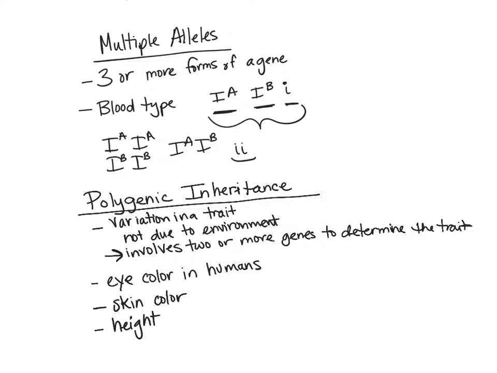A lot of times the traits produced by polygenic inheritance tend to be in a bell curve distribution. If you think back to some math, we can say these are the number of people that have something, and this would be the characteristic, height, for example. A bell curve looks something like this.